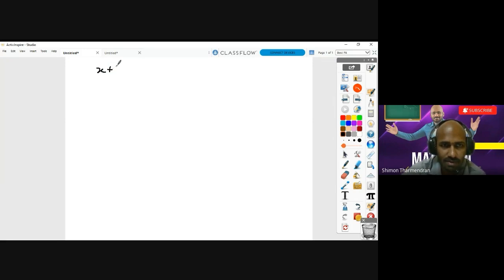Let's say I want to solve for x plus 1 divided by x minus 5 greater than 0. I'm just making up this question here. To be greater than 0, I need a positive divided by positive, or a negative divided by negative. Both of these give me a positive answer, which is greater than 0.